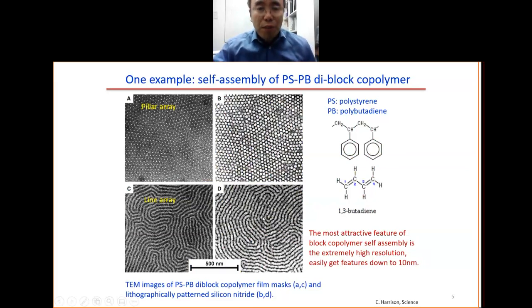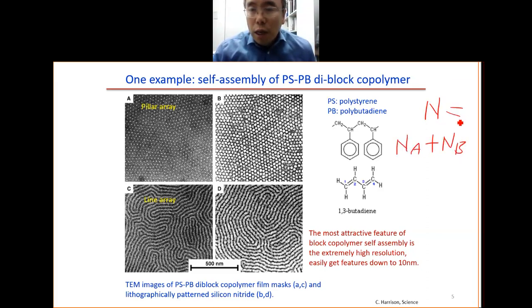How to get an even smaller feature size, higher resolution? Obviously, the resolution depends on N. N is equal to NA plus NB. N is the total number of repeating units of the block copolymer, which is the sum of the repeating units in the A block plus the repeating units in the B block. Now when N is very, very small, we have the shorter.